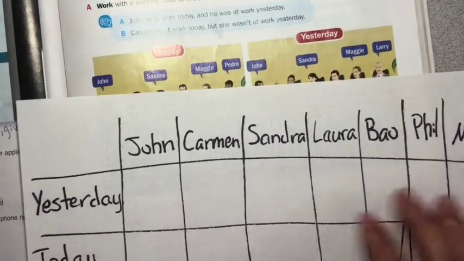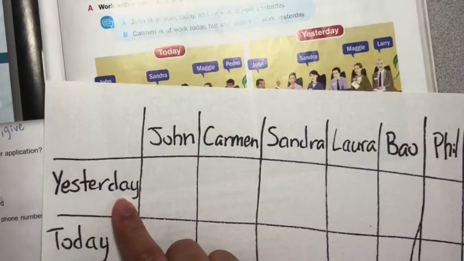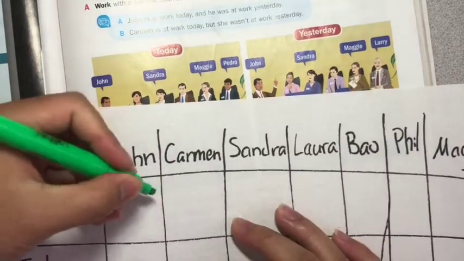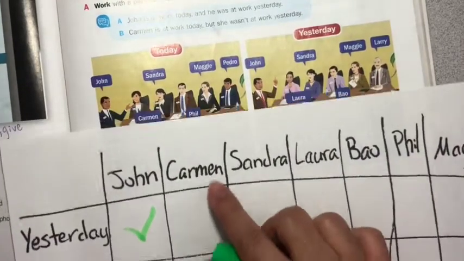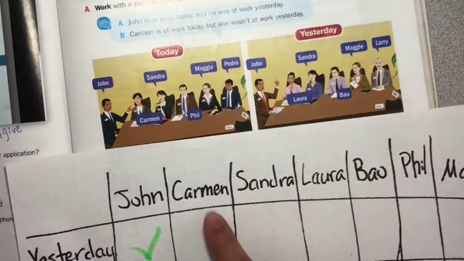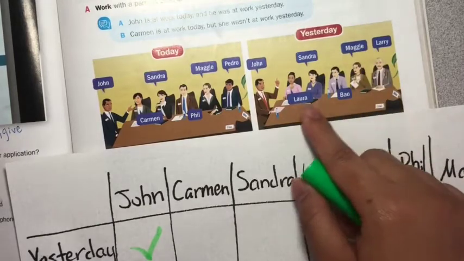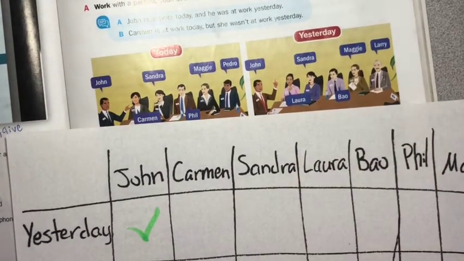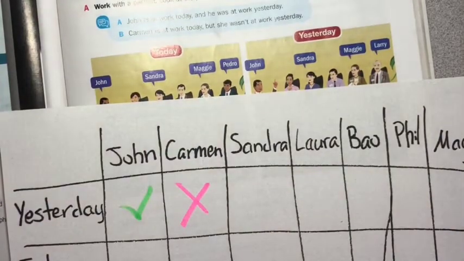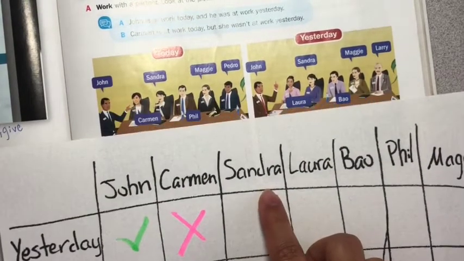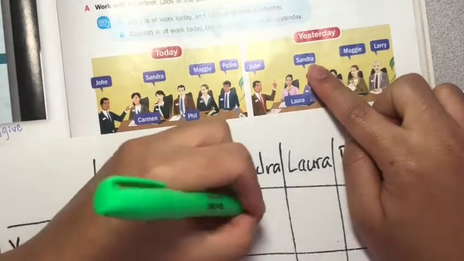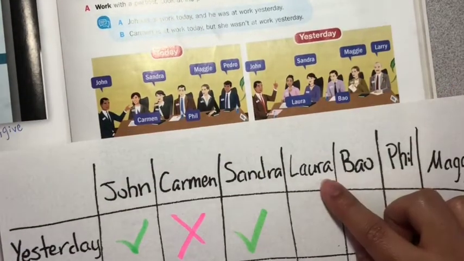So let's see, who was here yesterday? Yesterday, John was here. Carmen. Was Carmen at work yesterday? Do you see the name Carmen yesterday? No, I don't see Carmen. So Carmen was not at work yesterday. Sandra. Do you see Sandra yesterday? Yes, Sandra was at work yesterday. Laura.